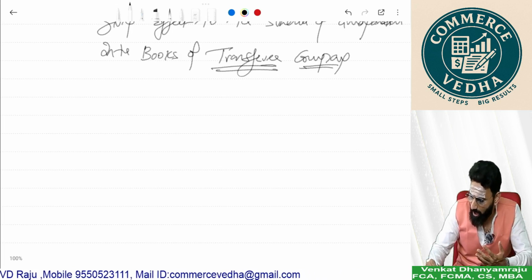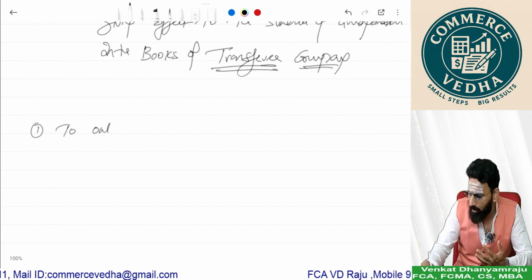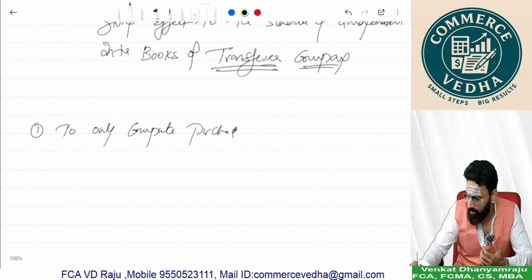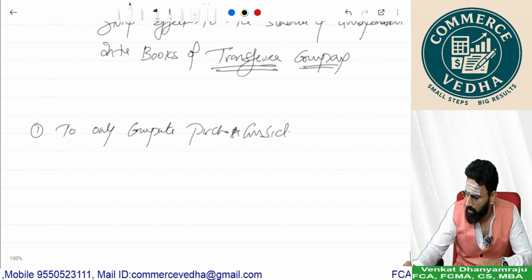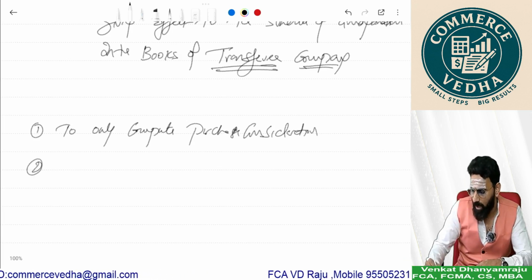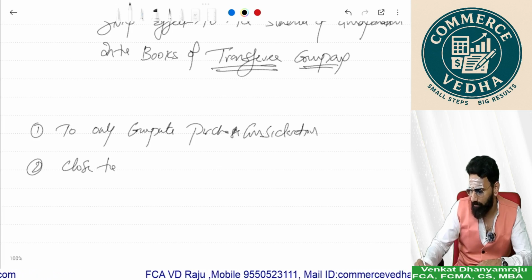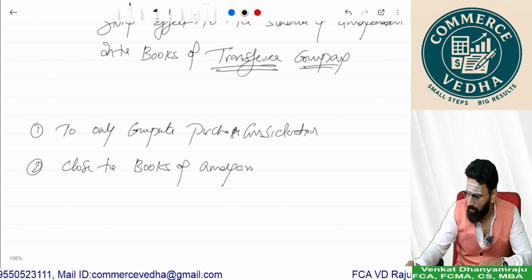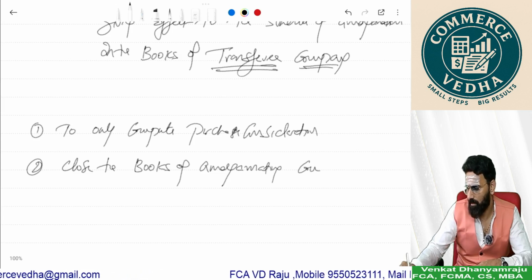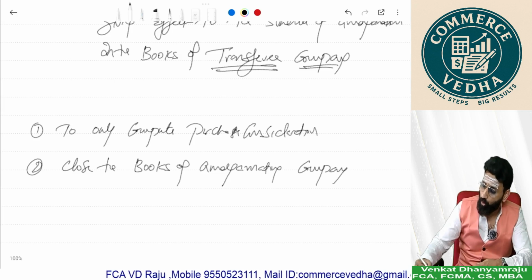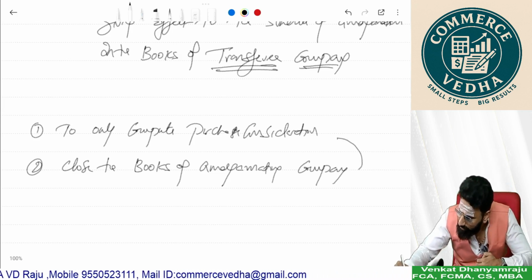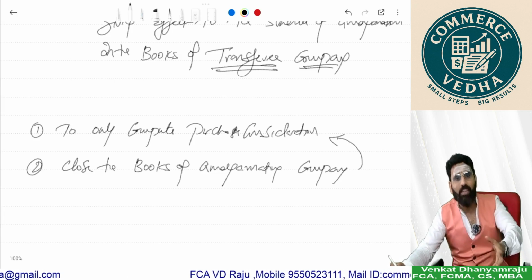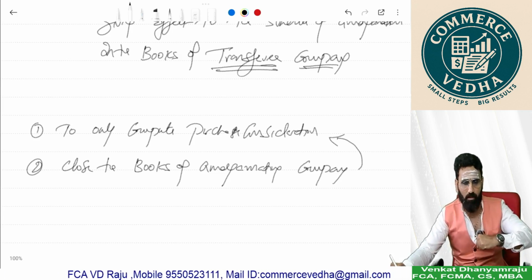Number one, it may ask you to only compute purchase consideration, or it may ask you to close the books of the amalgamating company, but to close the books we always need to do this first, because the entries in the books of the amalgamating company depend on the value of consideration they receive, right?